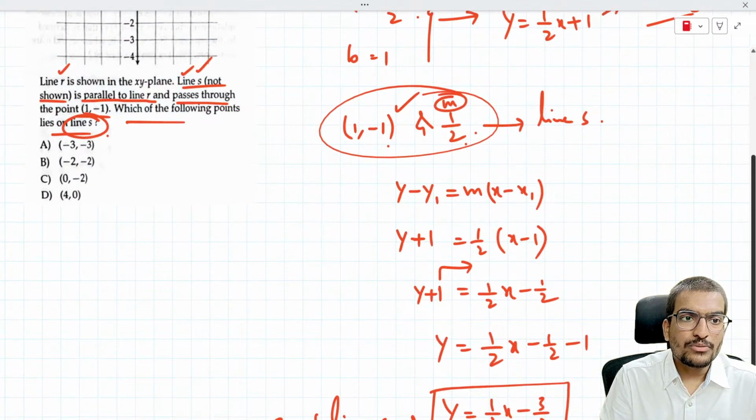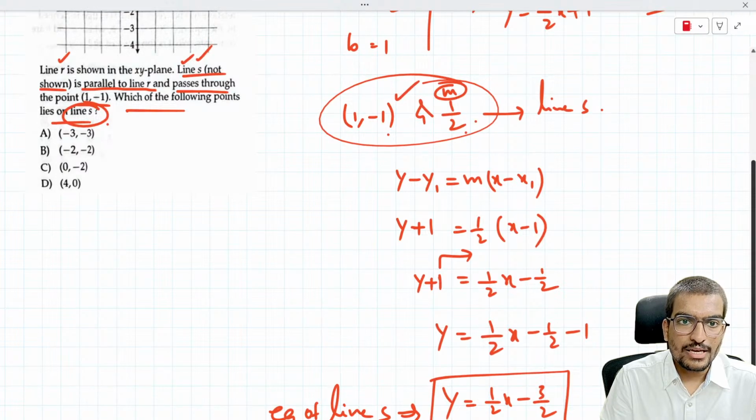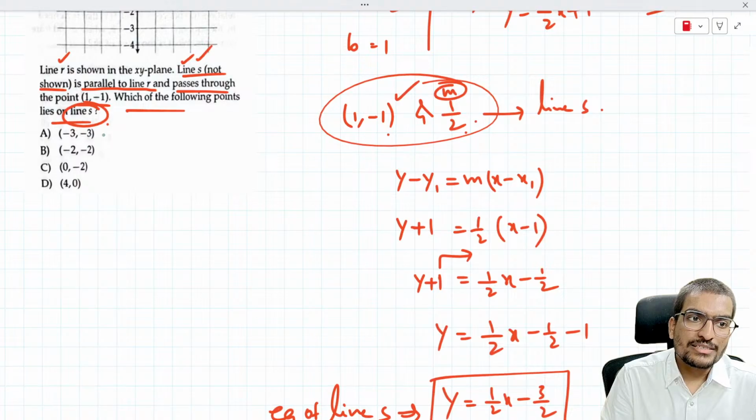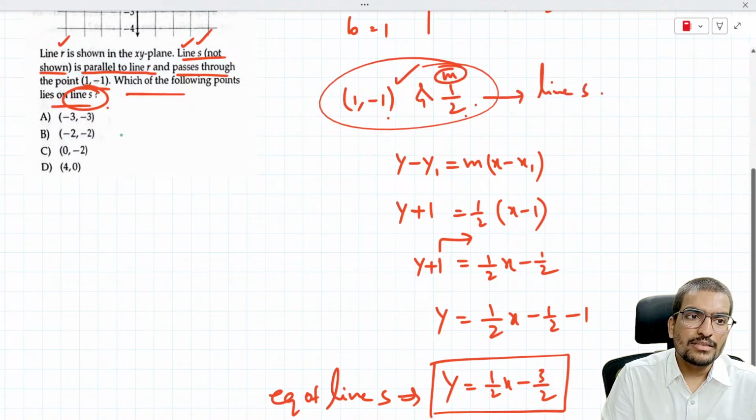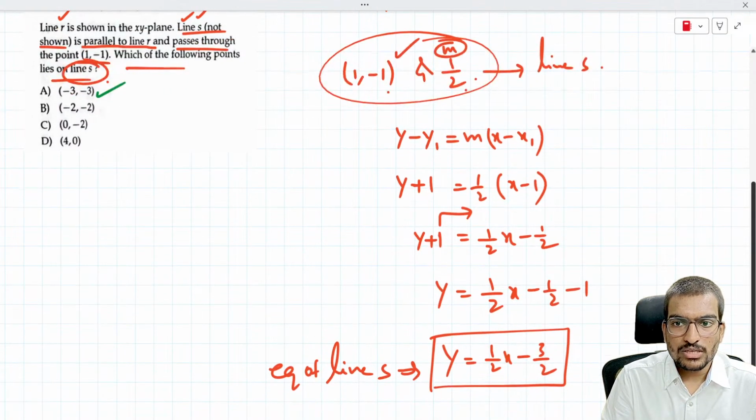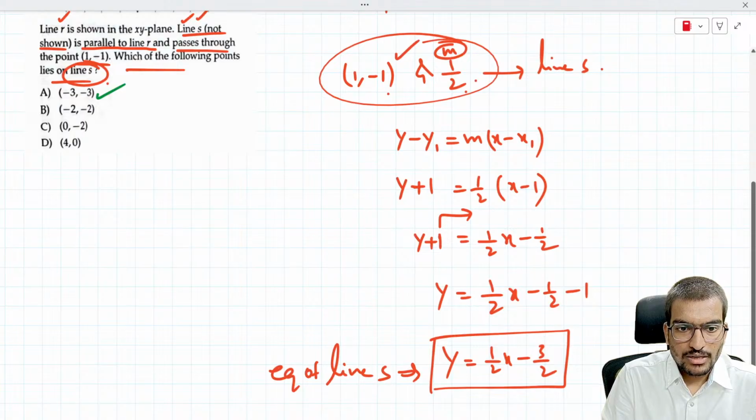Fine, now we got the equation of line S. Now we check which point lies on it. Take option A, negative 3 comma negative 3.